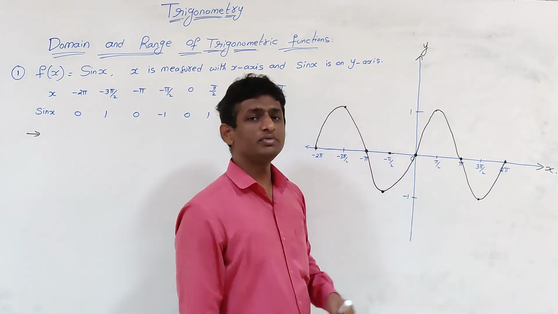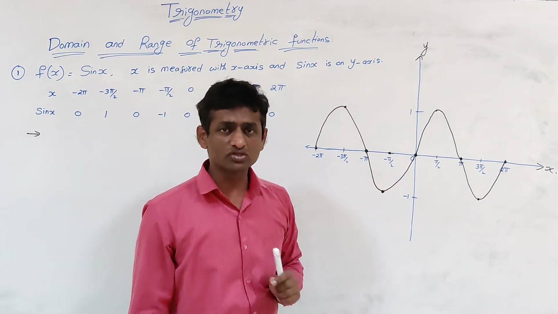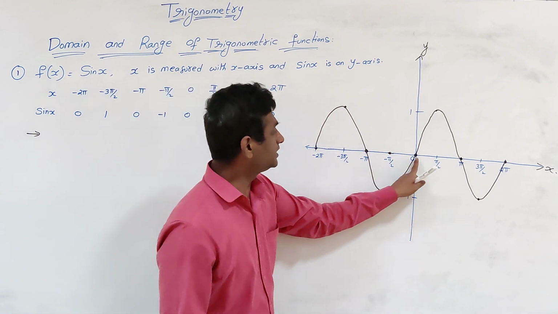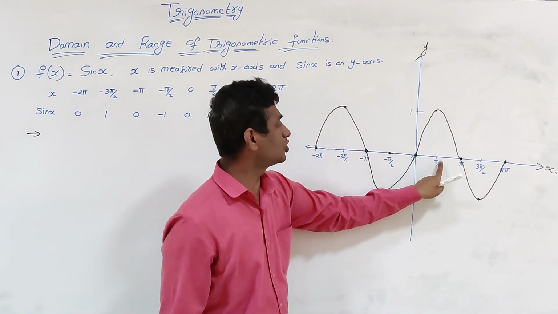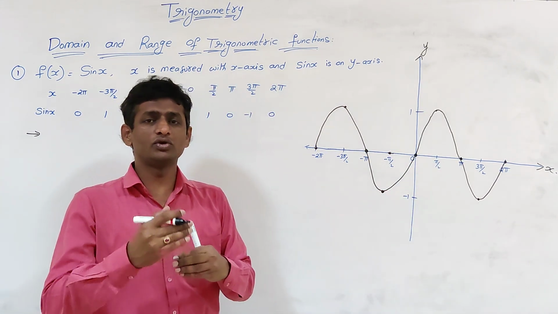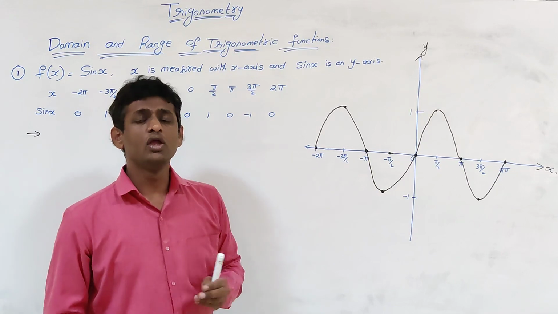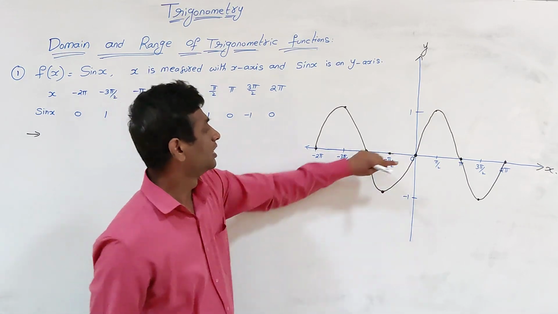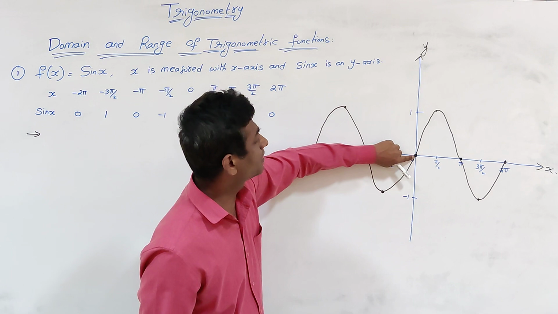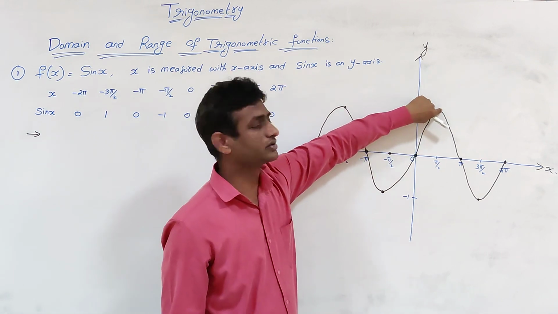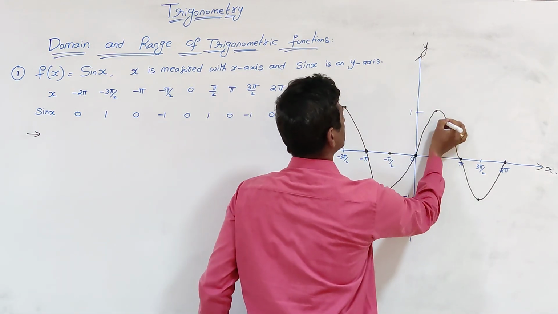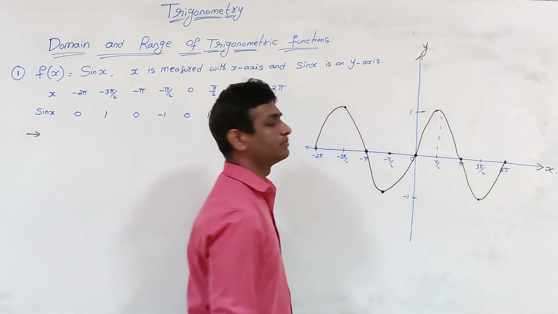0 to pi by 2 is normally our first quadrant. As x increases from 0 to pi by 2, that is 0, 10, 20, 30, 40 up to 90 degrees, what is happening to sin x? It increases from 0 to plus 1. So this is plus 1.